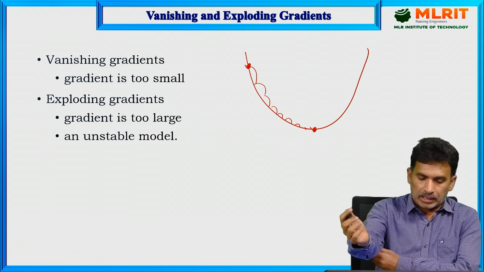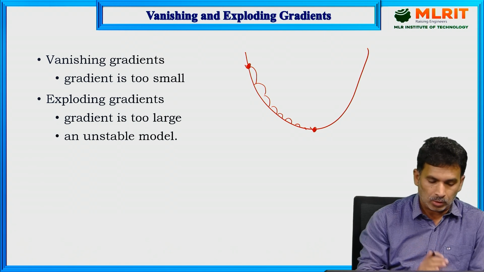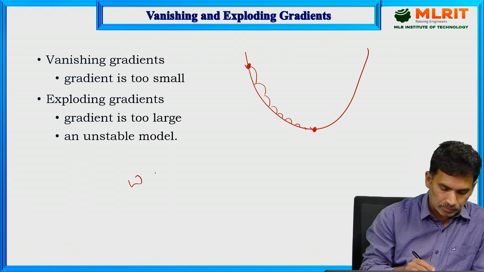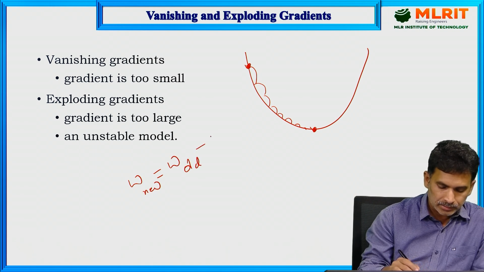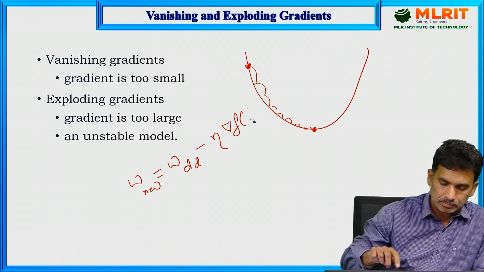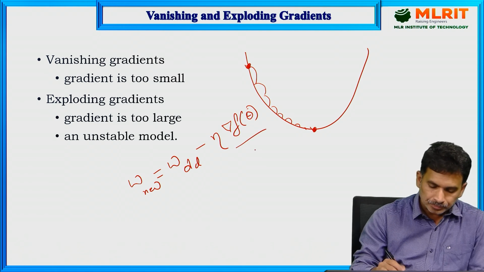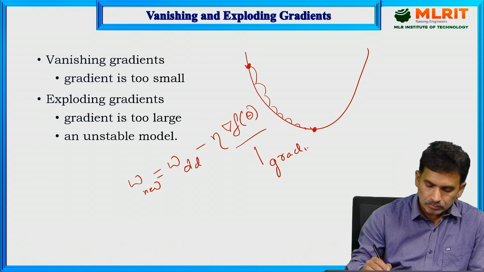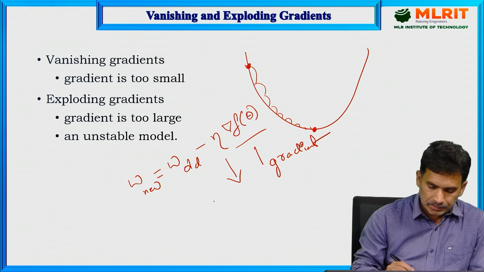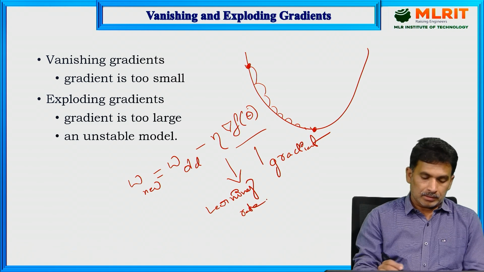If you recall the very basic equation of how the weight is updated: the new weight is the old weight minus the learning rate times the gradient of theta. This is the gradient, this is the learning rate, and this is the old weight.